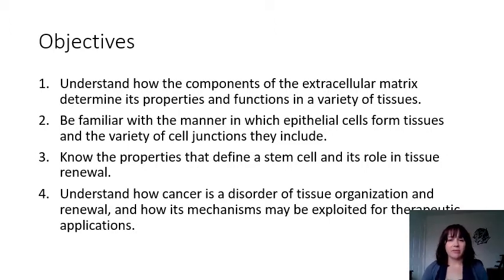Lastly, we're going to talk about when tissue maintenance goes out of hand, when there's overproliferation and cancer, and what the effects of that can be on the body. We're going to focus on how it begins, and then talk a little bit about different treatments that are being tried out to cure cancer.